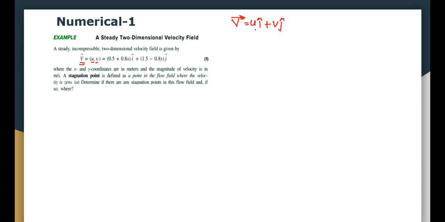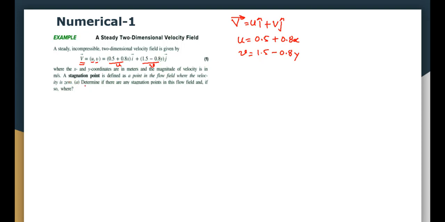That means u is the magnitude of velocity in the x-axis and v is the magnitude of velocity in the y-axis. Here u is equal to 0.5 plus 0.8x, and small v is equal to 1.5 minus 0.8y.